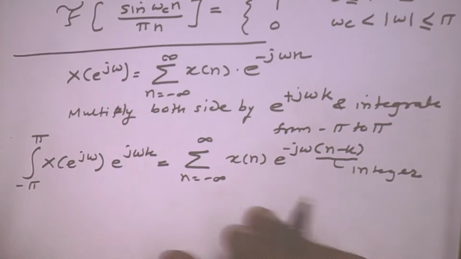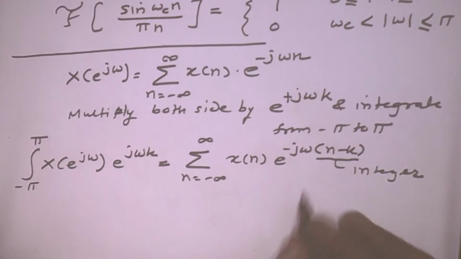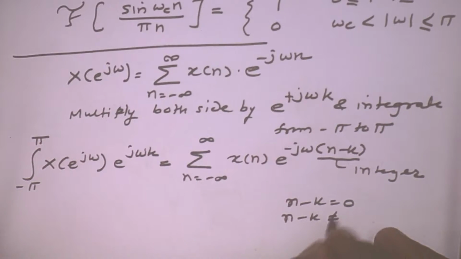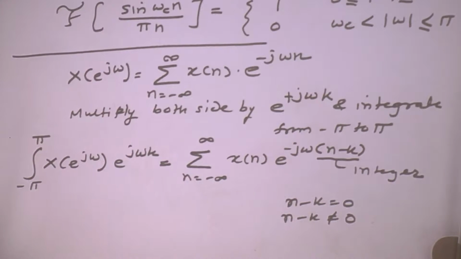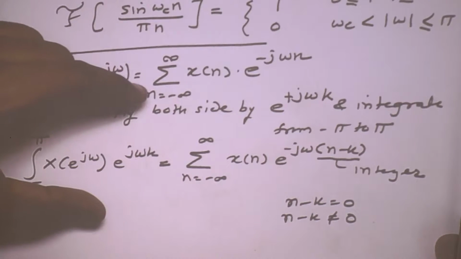Let us observe what is the value of this summation for n minus k equal to 0 and for n minus k not equal to 0. It is not very important to prove this.